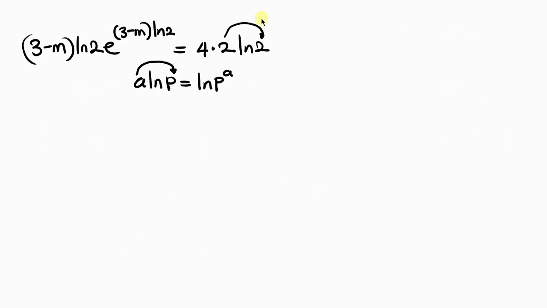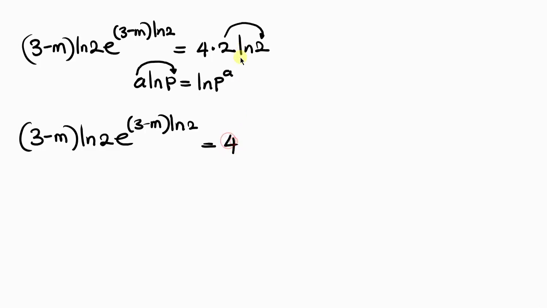So we have 3 minus m times ln 2, e to the 3 minus m times ln 2 to be equal to 4 ln 2 to the 2.